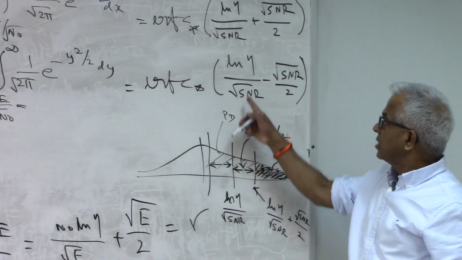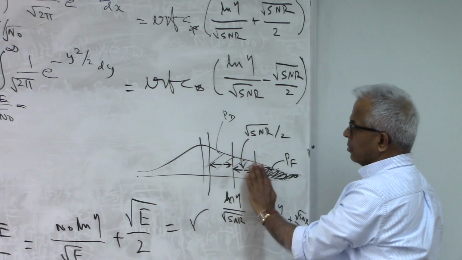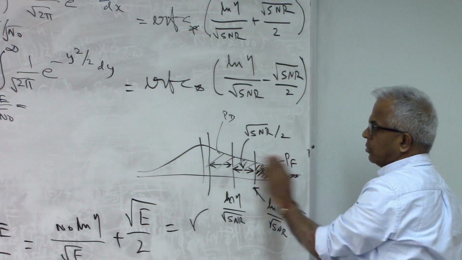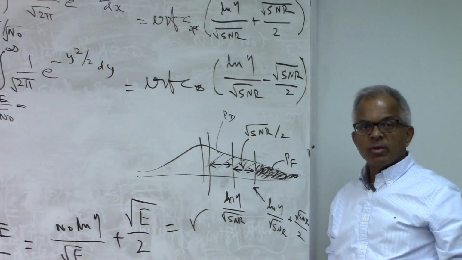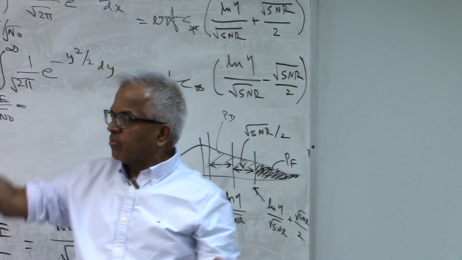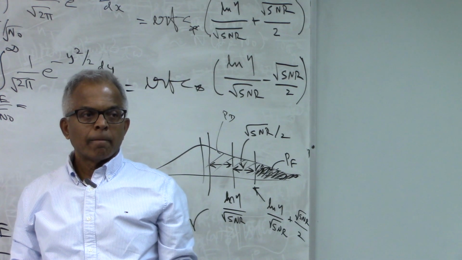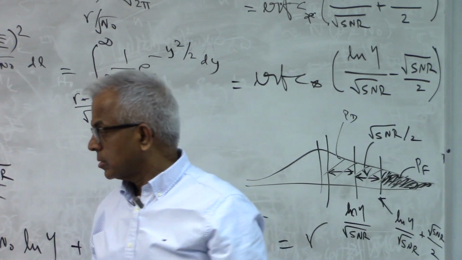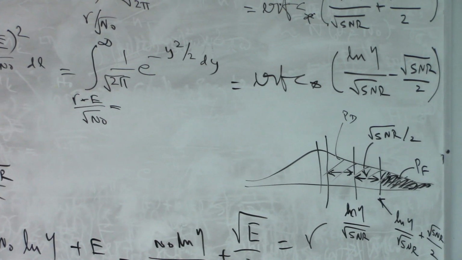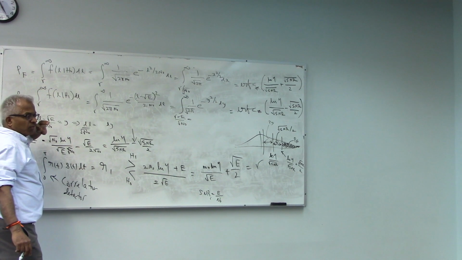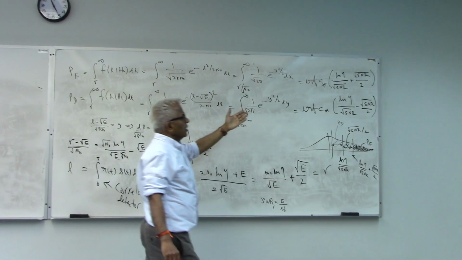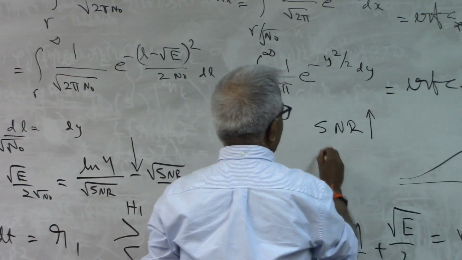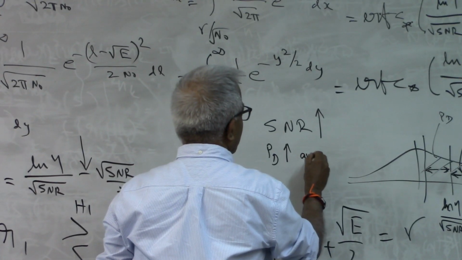Increase SNR: this term becomes small, that means this line moves to the left, and this quantity becomes large. So PD will increase, which makes physical sense. If you pump in more energy, you can do better detection. So we have the expression for PD and for PF, and the final observation is that as SNR increases, PD increases and PF decreases.